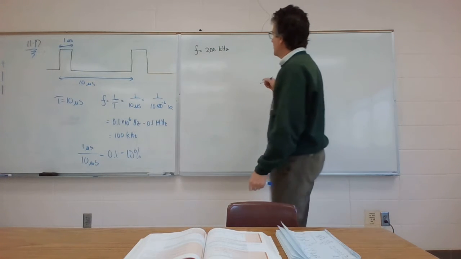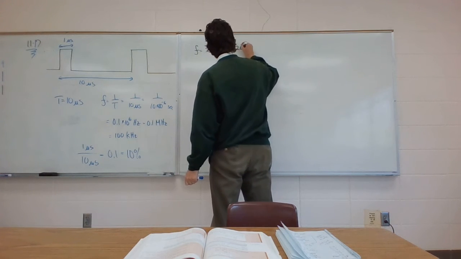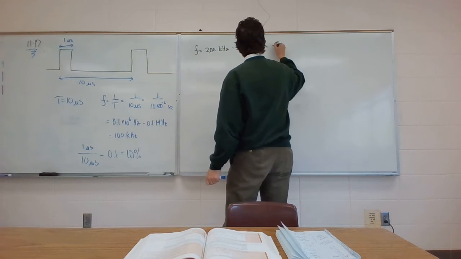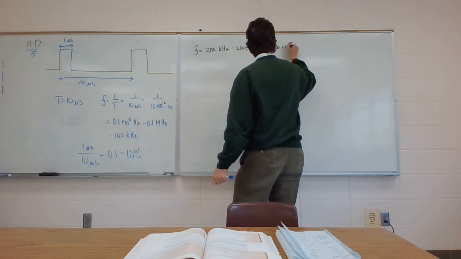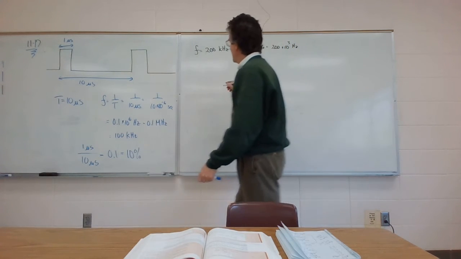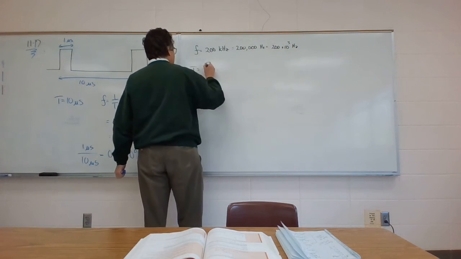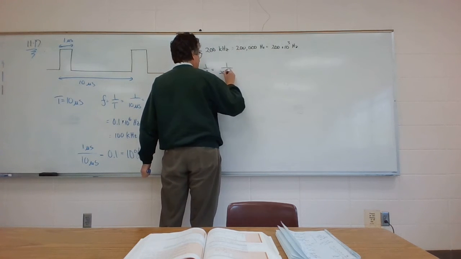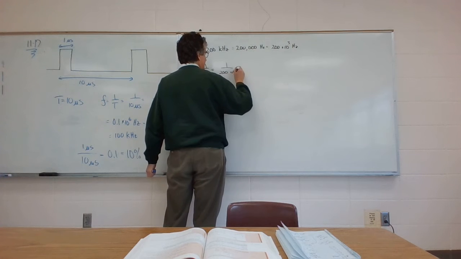So that's 200,000 hertz, or 200 times 10 to the third hertz. So period is 1 over frequency, which is 1 over 200 times 10 to the third hertz.